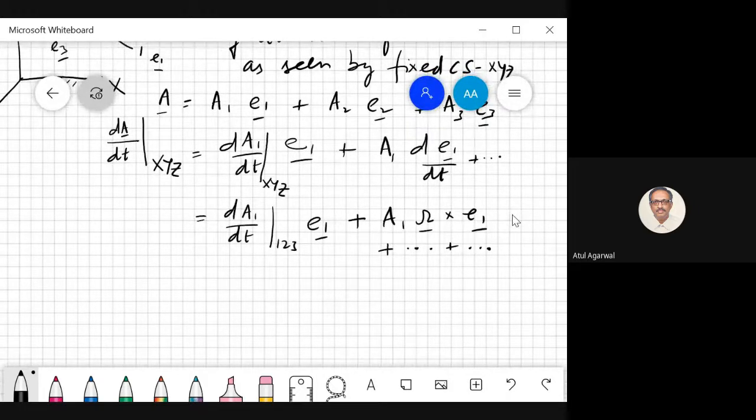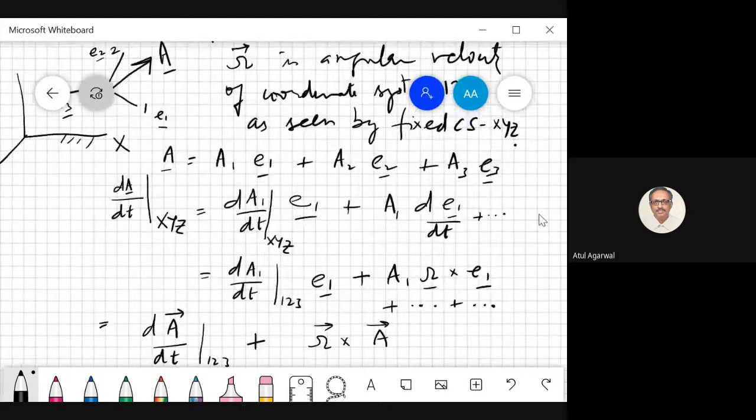So you see, you will have vector dA by dt with respect to the 1, 2, 3 system, plus this omega is common everywhere. You can take it out. Is it all right?